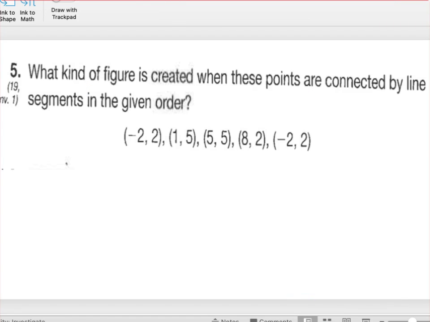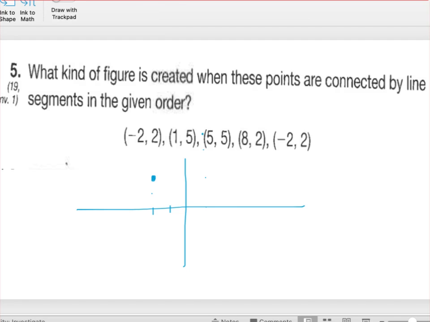Okay, number 5. What kind of figure is created when these points are connected by line segments in the given order? So we have to stay in the given order. I'm going to make a little grid here. So we have -2, 2, 1, 2, 1, 2, 1, 5. So 1, and then here's 2.